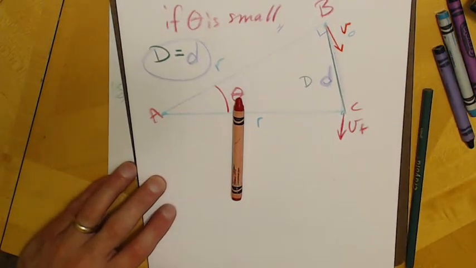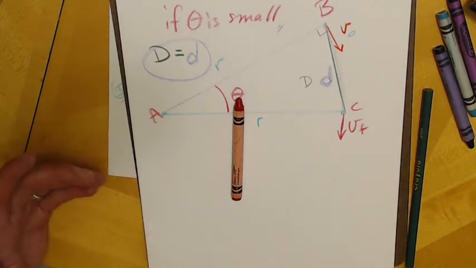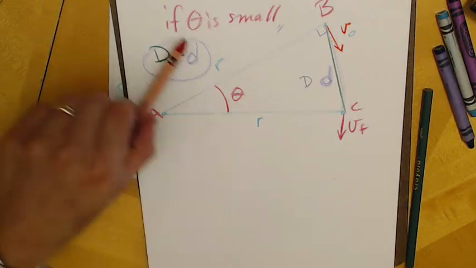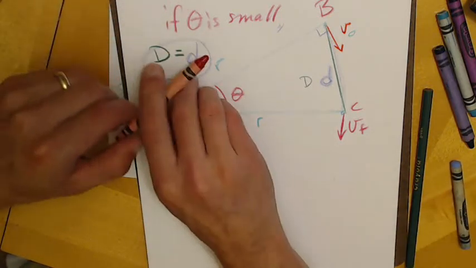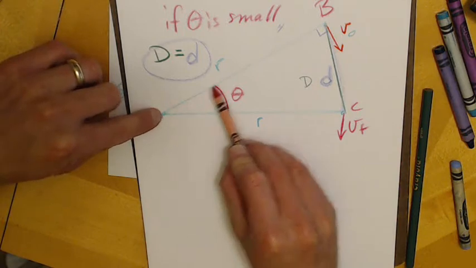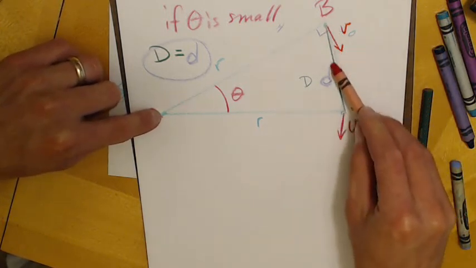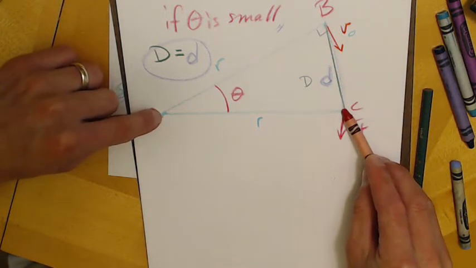So now I really have two triangles. I have a triangle that's R, R, and uppercase D.